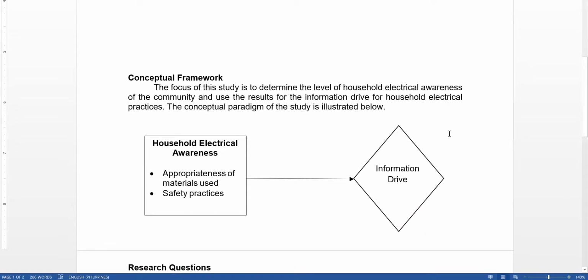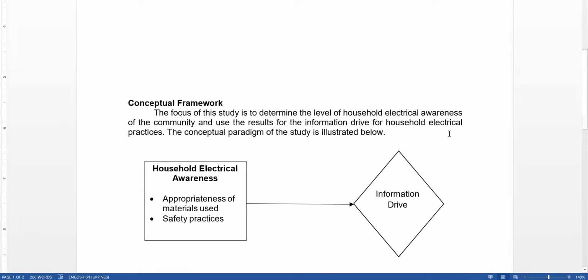So this is a conceptual framework. The focus of this study is to determine the level of household electrical awareness of the community and use the results for the information drive for household electrical practices. So the conceptual framework or the conceptual paradigm of the study is illustrated below.